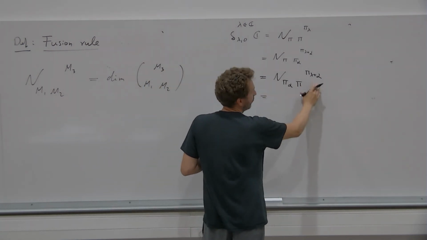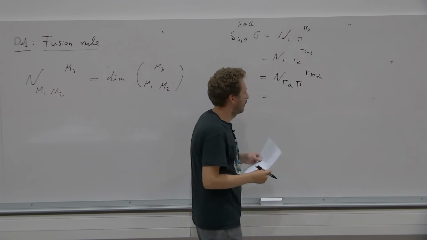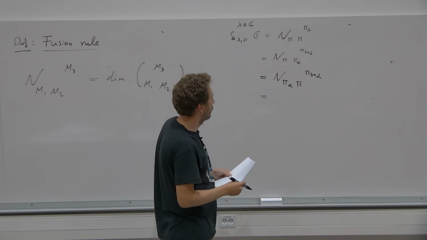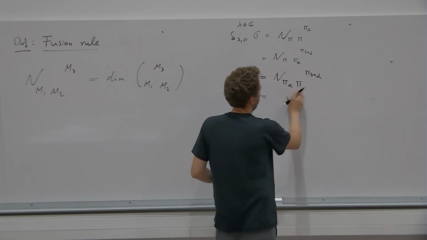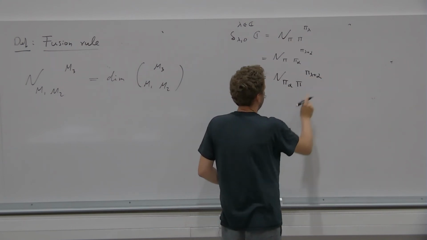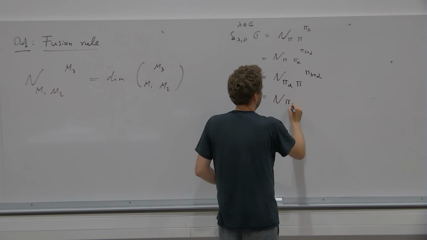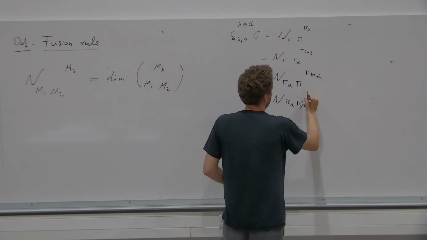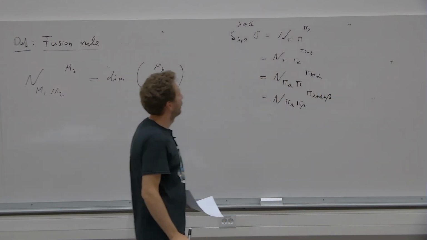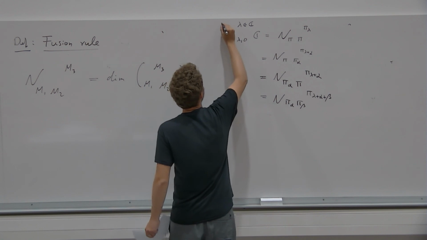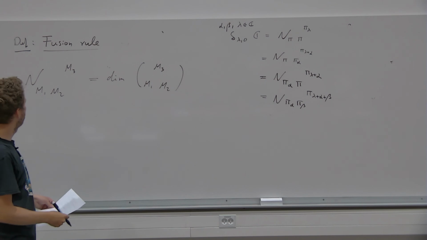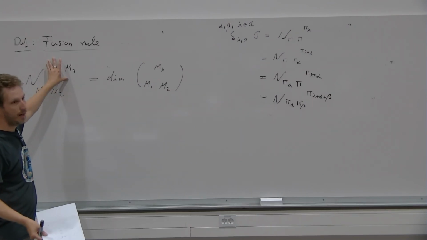I can again apply the statement that the spectral flow over delta beta operator now maps an intertwining operator of this type to an intertwining operator of type pi alpha, pi beta, pi lambda plus alpha plus beta. And this holds for any alpha, beta, and lambda. And so this means I have quickly computed what the fusion rules of the Heisenberg VOA are.